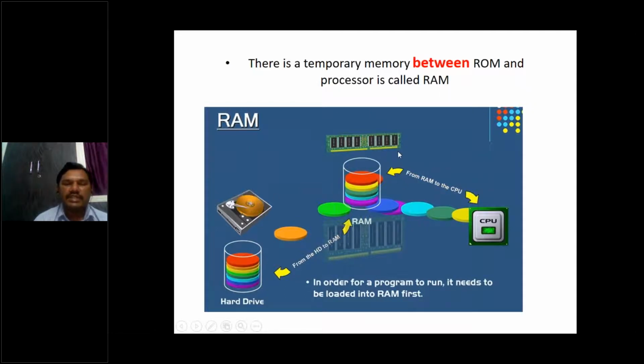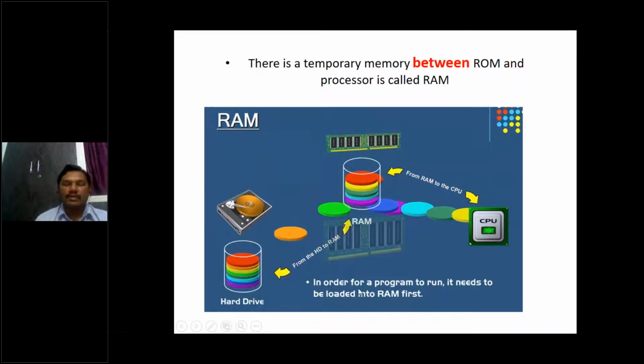You see here, this is the RAM memory, this is the hard disk or ROM memory, and this is the processor. Whenever we are fetching some data from the hard disk or from the ROM, that will not go into the CPU directly. That will go through the RAM first, and from the RAM to CPU.